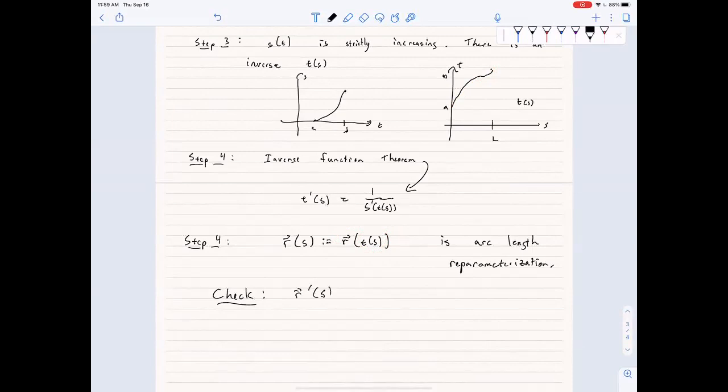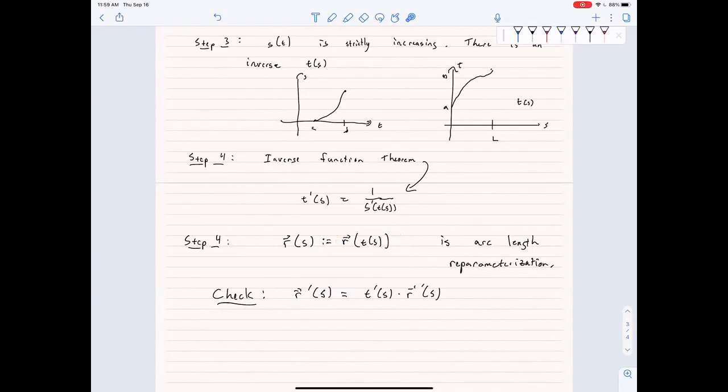So we take R prime of S and we apply the chain rule. This is going to equal T prime of S times R prime of S. And this looks silly because of the way they write R of S. R prime of S is really the derivative of this function.